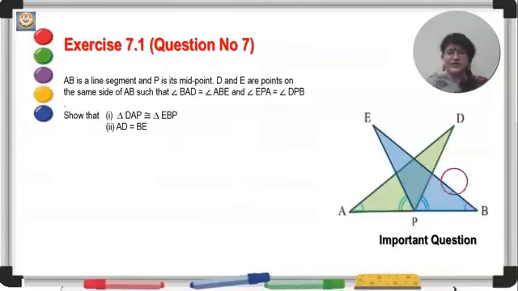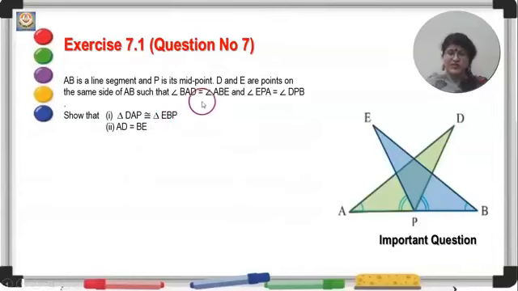Now it is given that in this diagram AB is a line segment and P is the midpoint of AB. Now, if P is a midpoint of AB, AP will be congruent to BP.